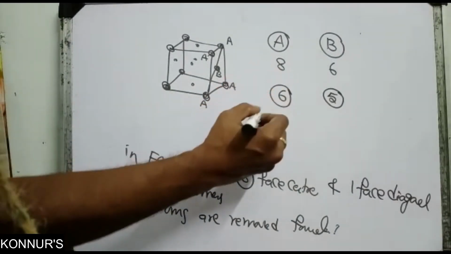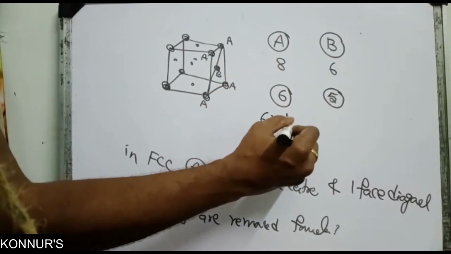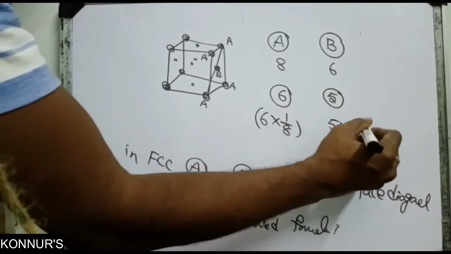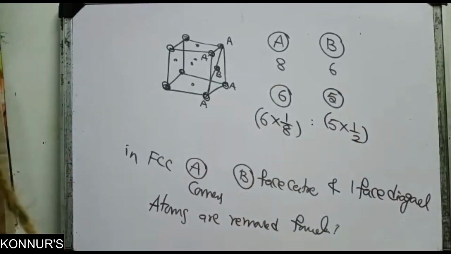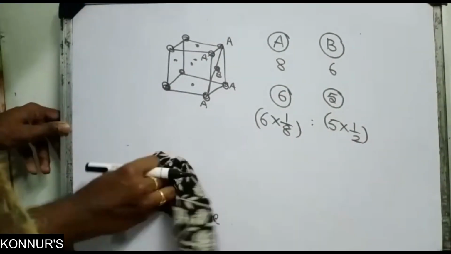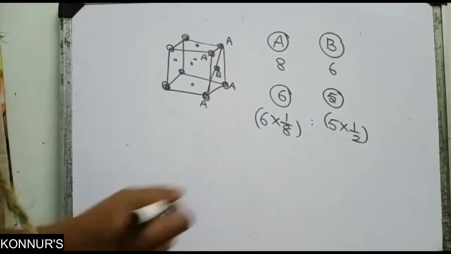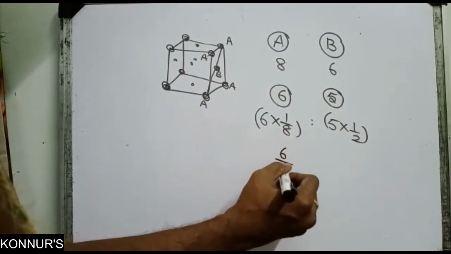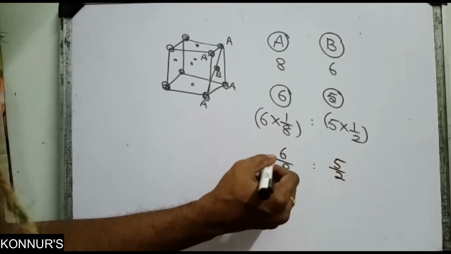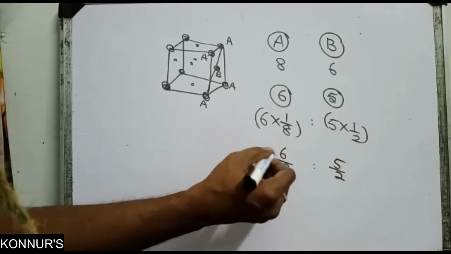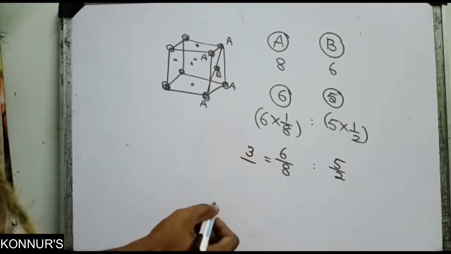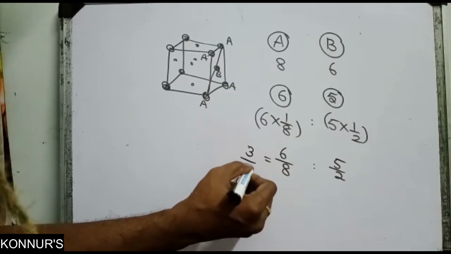So now what is that? 6 into corner contribution 1 by 8, and here 5 into 1 by 2. So this is the ratio: 6 by 8 is to 5 by 2. Otherwise you can take this as 3 by 4.